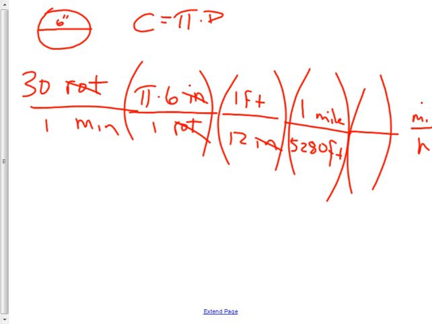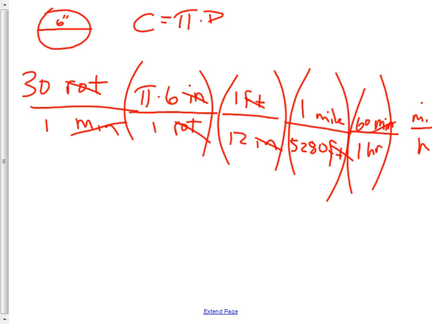And am I done yet? Is it miles per hour yet? No, it's miles per minute. All right. In the front row, Mr. G. What do I multiply to get rid of these minutes here? Yep, to get rid of minutes. 60 minutes, 1 hour, excellent.